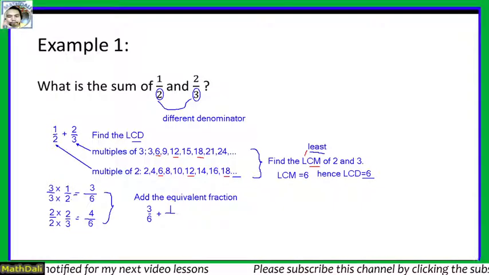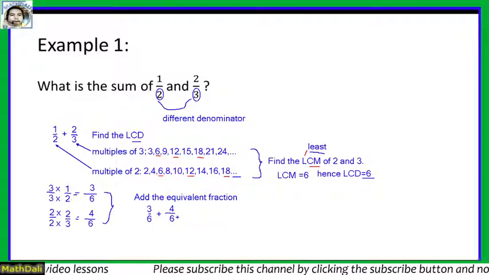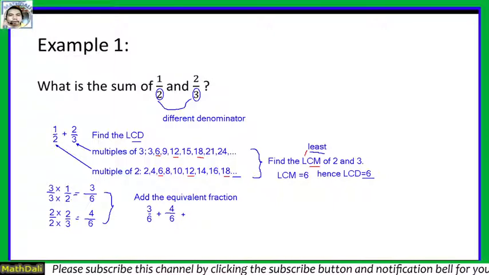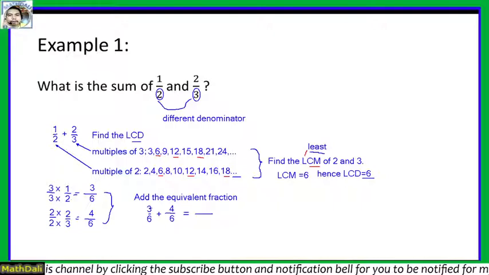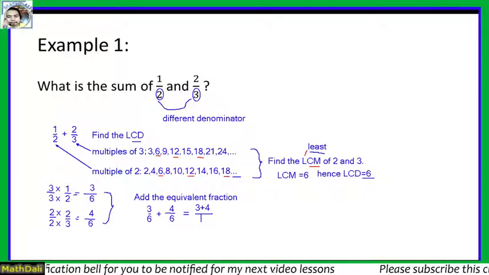We have 4/6. Ngayon, kung mapapansin ninyo, parehas na yung ating denominator dito. So, pwede na nating i-add yung kanilang numerator, then copy the denominator. So, that will be, we have 3 plus 4 over yung ating denominator, that is 6.